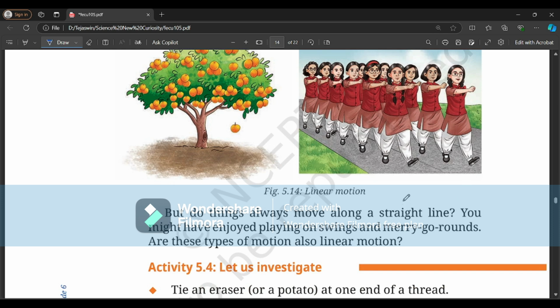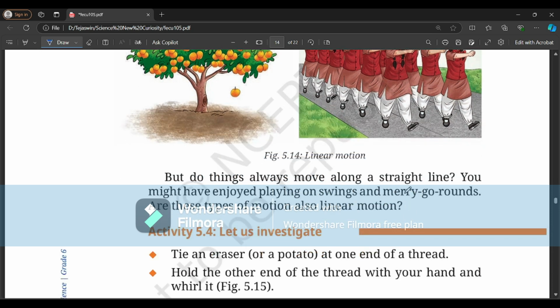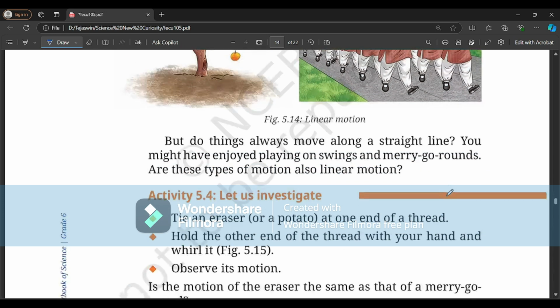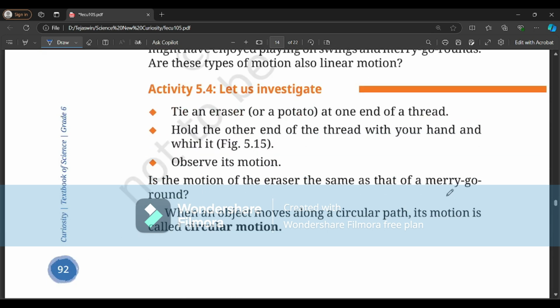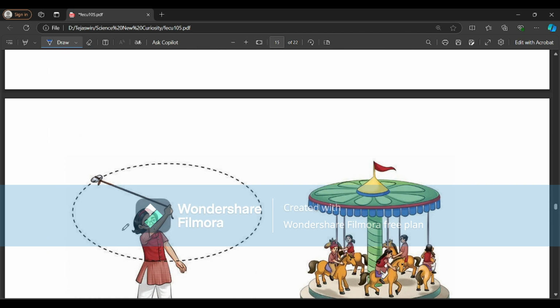But do all things always move in a straight line? No. You must have gone to parks, on swings and merry-go-rounds. These are not linear motions. Tie a potato at one end of a thread and hold the other end with your hand and whirl it. If you whirl a potato like this, it is not a linear motion.